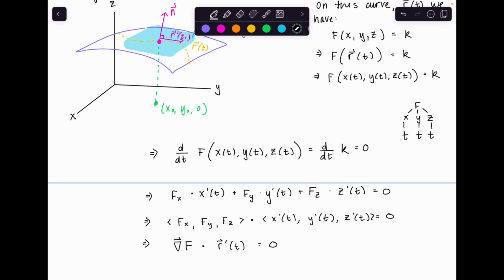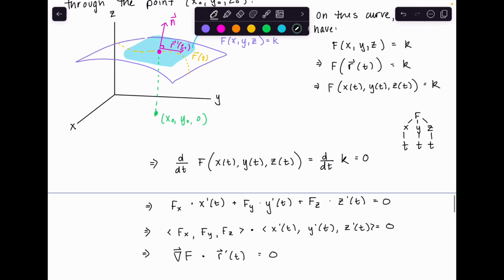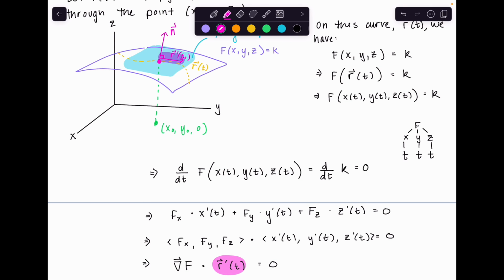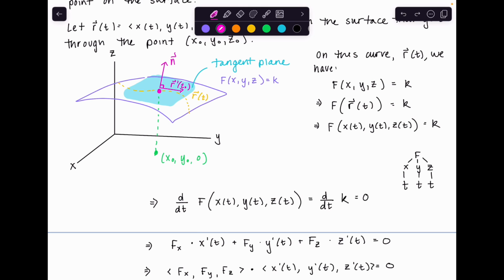So this dot product is equal to 0. What that tells me is that the vector r prime of t dotted with the gradient vector is 0. If the dot product is 0, remember that means they're orthogonal to each other. So this normal vector that I'm searching for is just the gradient of f.